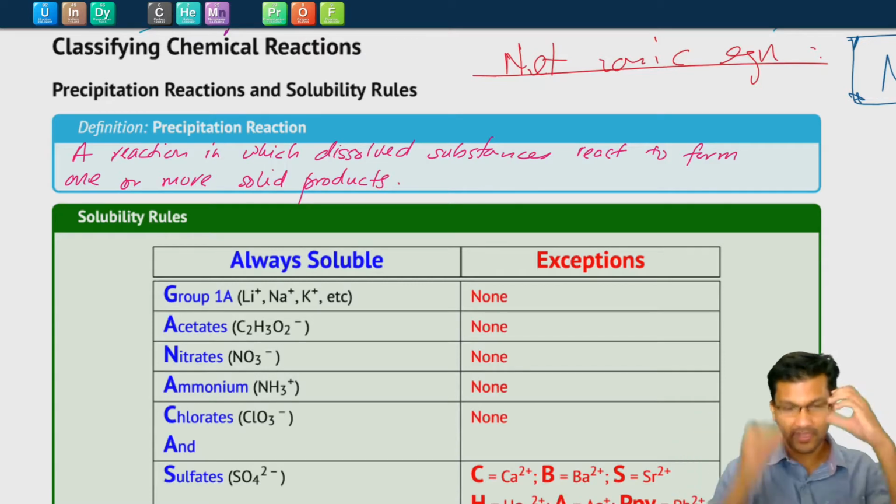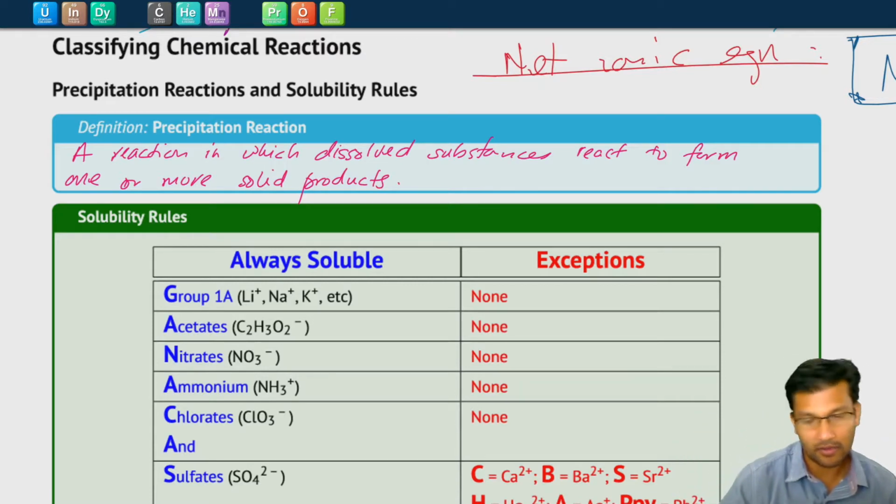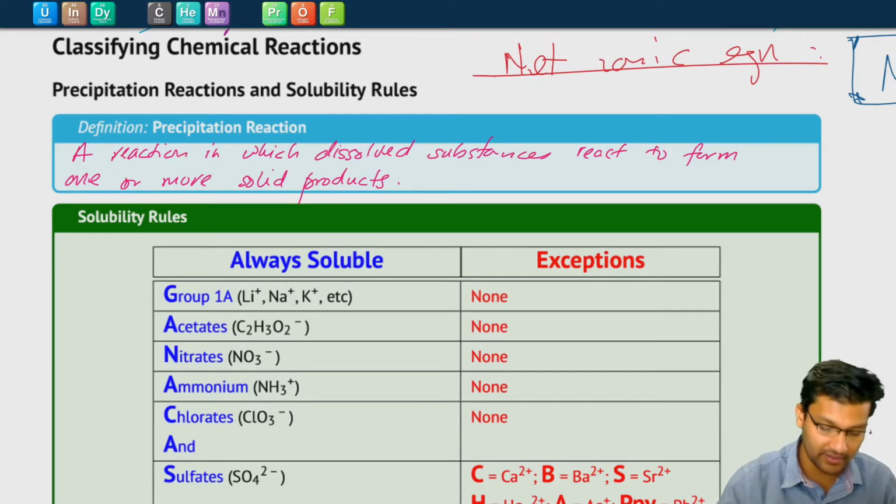So here's where you mix two solutions together, or more than two solutions sometimes, and out of those solutions you will see a solid product. That solid product is called a precipitate.